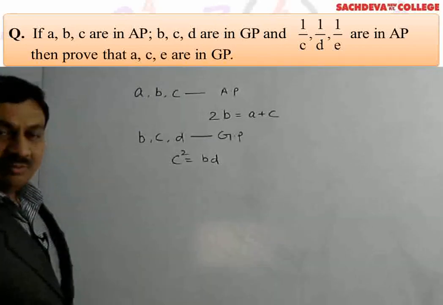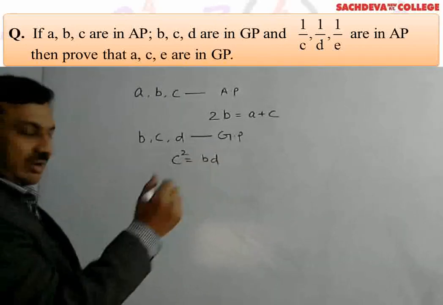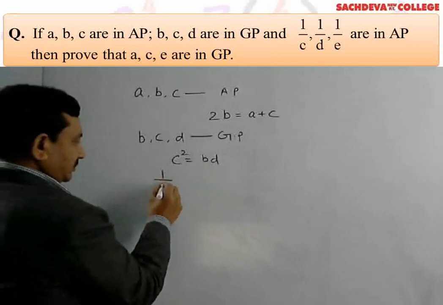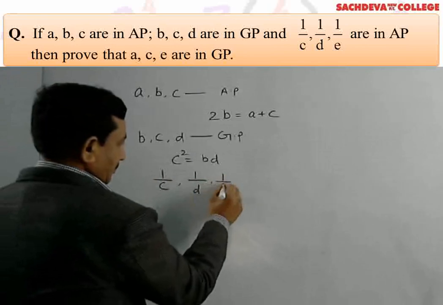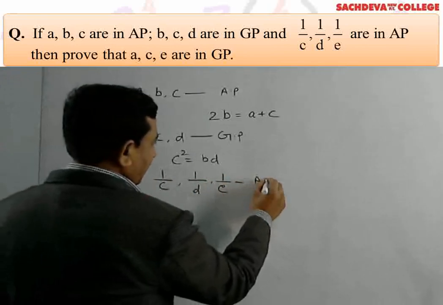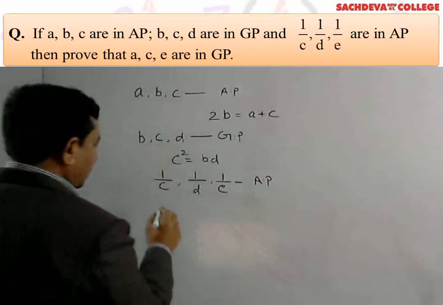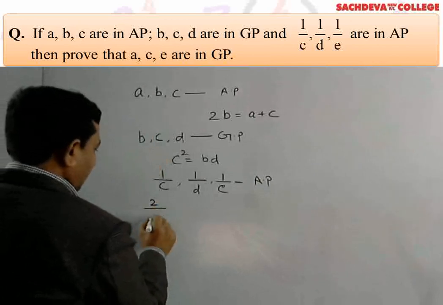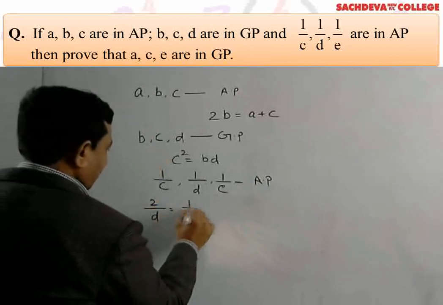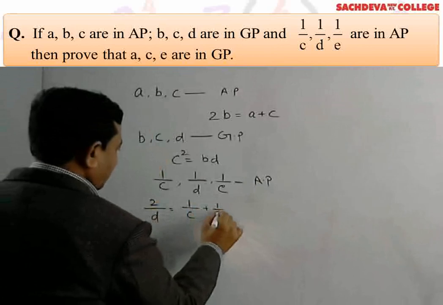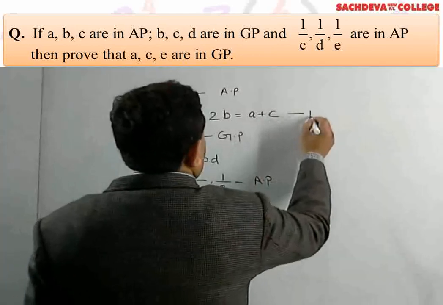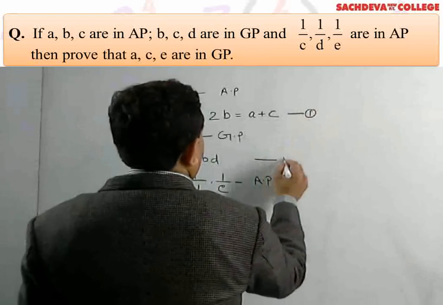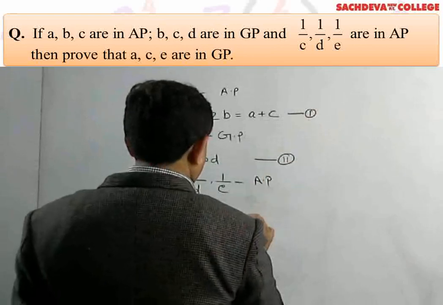And given that 1 upon C, 1 upon D, 1 upon E are in AP, it means 2 upon D will be equal to 1 upon C plus 1 upon E. This is equation number 1, this is 2, and this is 3.